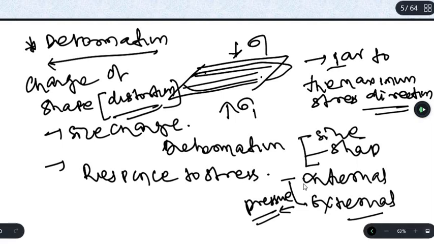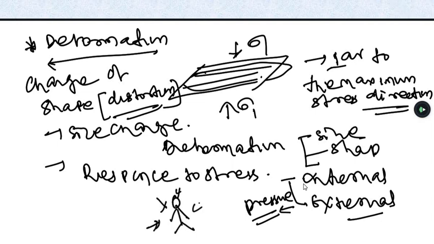Am I right or wrong? ठीक है कि नहीं? एग्जाम की वजह से आपको प्रेशर आ रहा है. ठीक है? So you finally get deformed, right? So that is called the deformation. Deformation is the consequence of the stress or response to the stress. Are you getting my point?